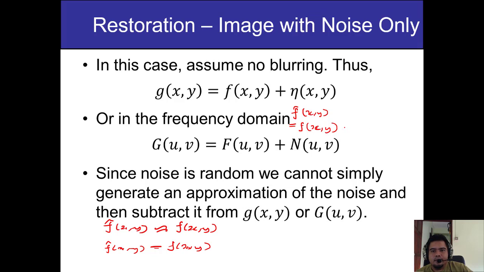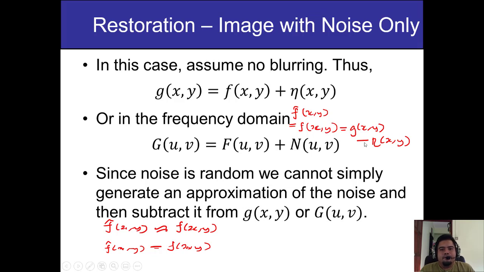So that one can be accessed. To obtain f, you can manipulate that equation. If I want to get my f, then f should be equal to my g minus my eta xy, which is the additive noise in this model. Okay, so that is what we can do.